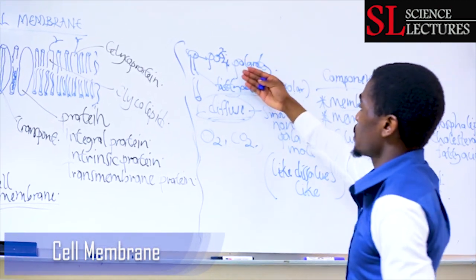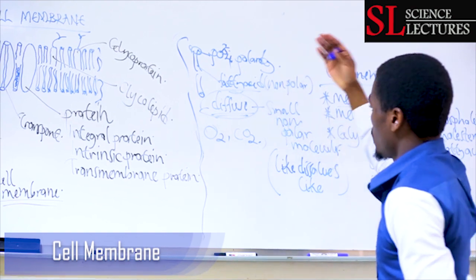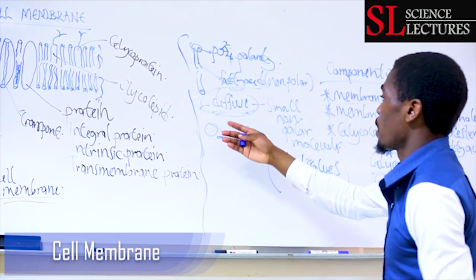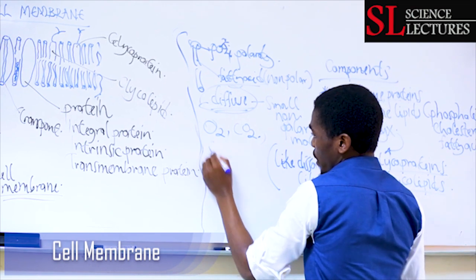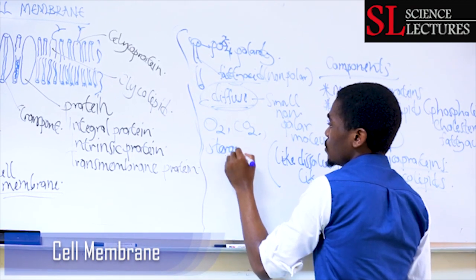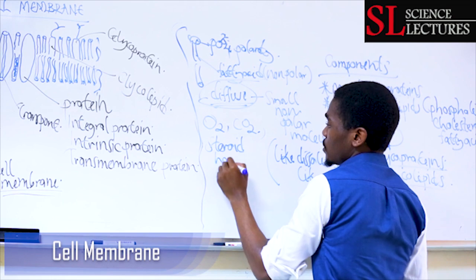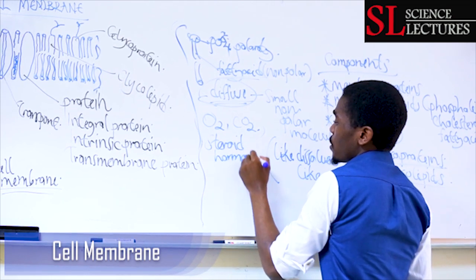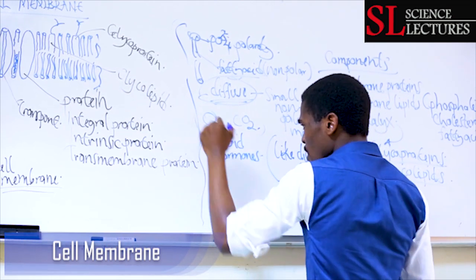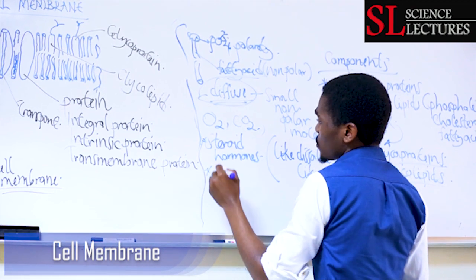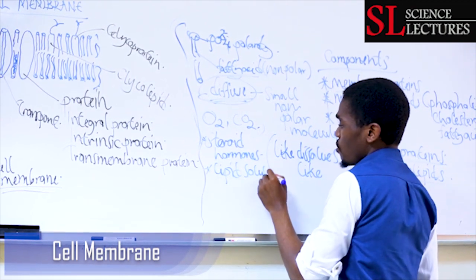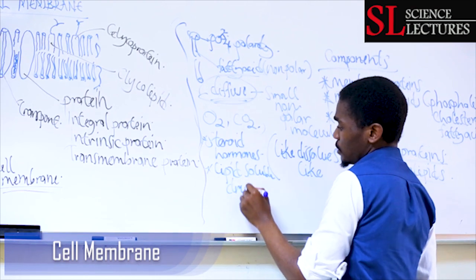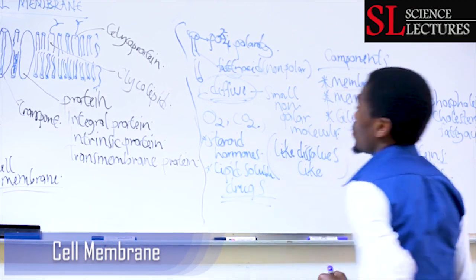That is, the fatty acids will aid the diffusion of small non-polar molecules like oxygen and carbon dioxide. Then we have some steroid hormones like testosterone and estrogen. Then we also have lipid-soluble drugs, which will also diffuse along this membrane.